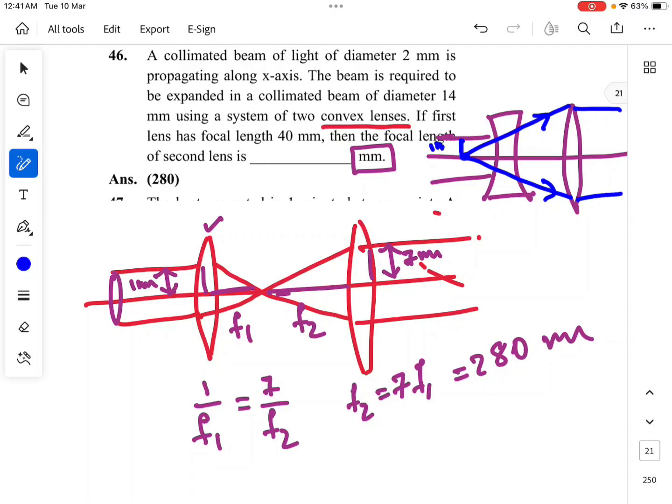So this is 1 mm again, and this is 7 mm again. So 1 divided by this focal length, 40, is equal to 7 divided by f2. So again it is going to give you 280. No issues with that. So either way you will get the same answer.